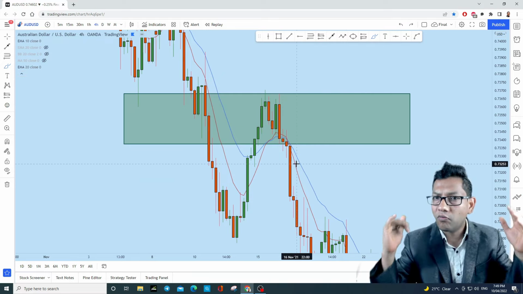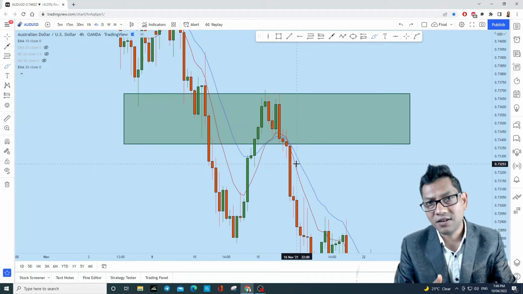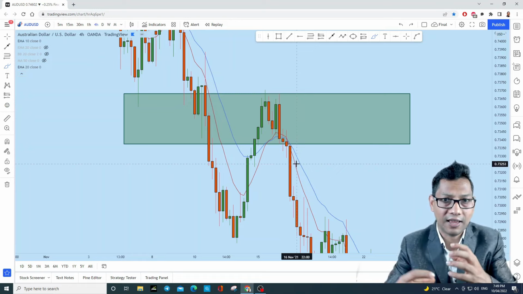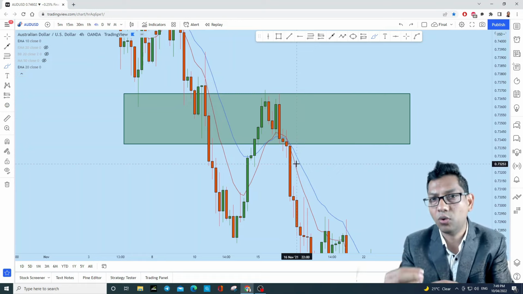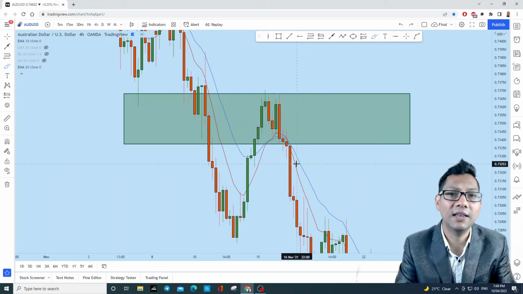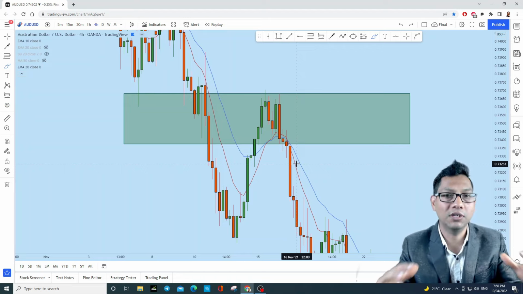So what confluence do you need then? Three confluences: trend, high, low. That means the data in a candle, how the candle is formed, and where this candle is formed. That means the zone or area of value, that means support or resistance.